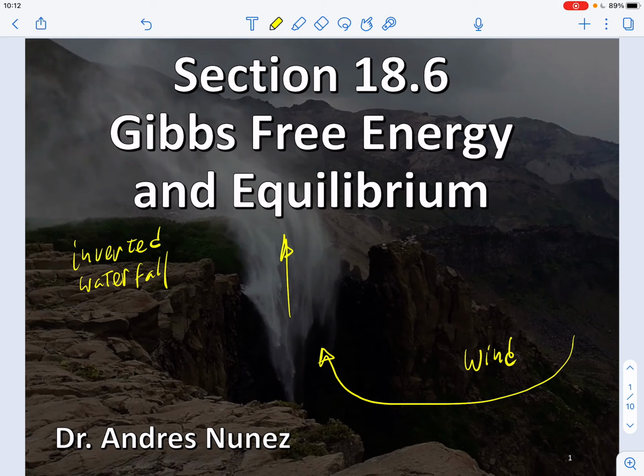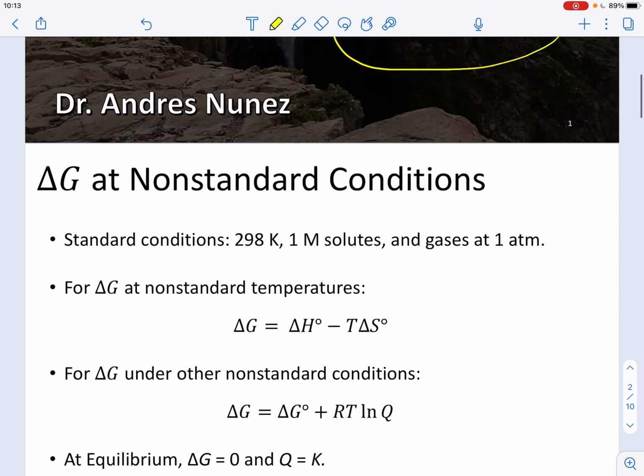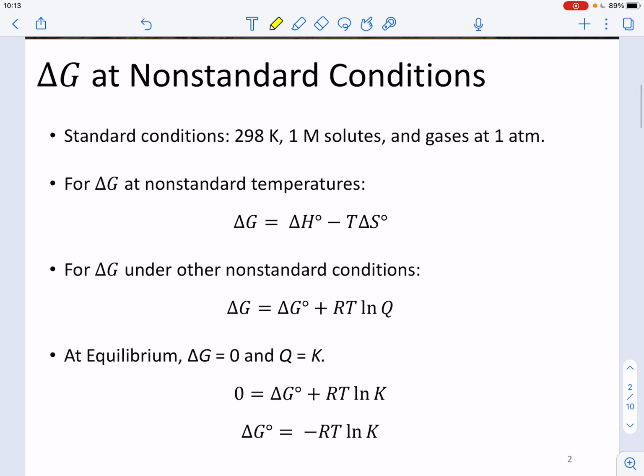Well, probably not very chemistry related, but I think it proves the point that a process that is non-spontaneous doesn't mean that it will never happen. It will happen provided the proper intervention. So this is all about calculating delta G at non-standard conditions and how the equilibrium relates to those conditions.